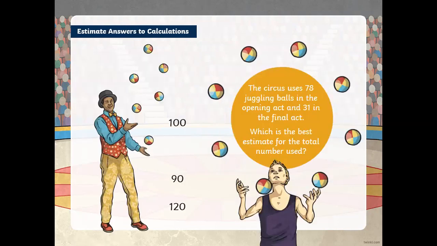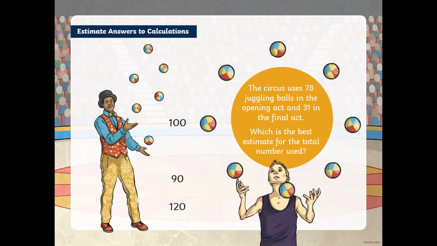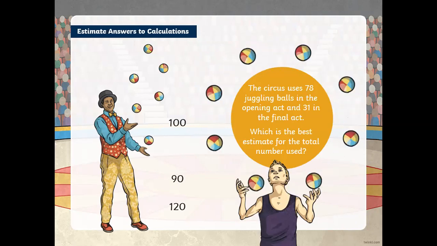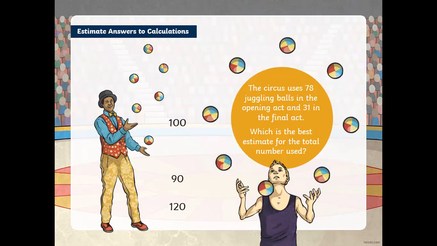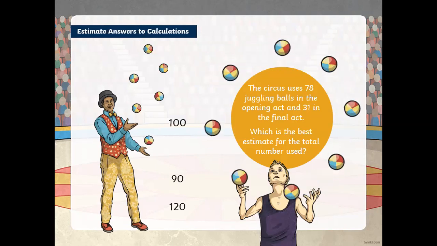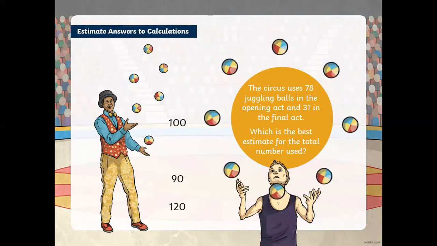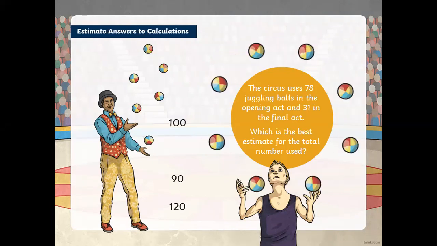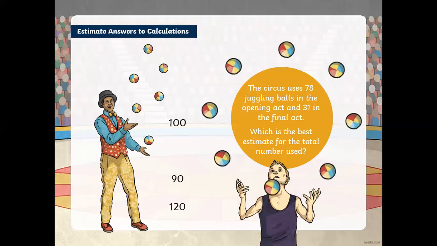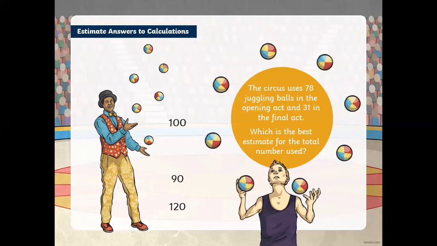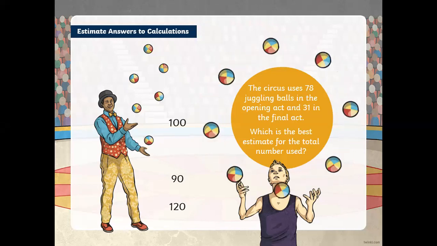Estimate the answer to the calculation. The circus used 78 juggling balls in the opening act and 31 in the final act. Which is the best estimate for the total number used? 90, 120, 100.